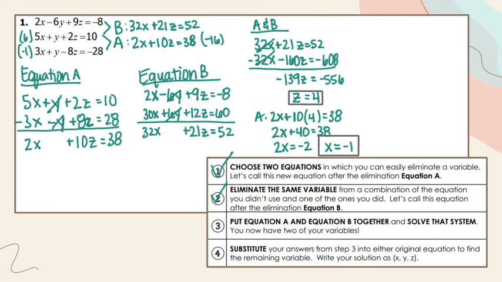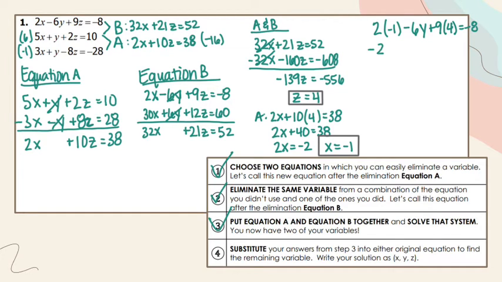So now we have two of our variables. And finally, our last step is to plug both of those into any of the 3 original equations and solve. So we did step 3. We're on to step 4. So we'll just use the very first equation just because it doesn't matter. 2 times negative 1, because x is negative 1, minus 6 times, we don't know yet, we have to solve for y, plus 9 times 4 equals negative 8.